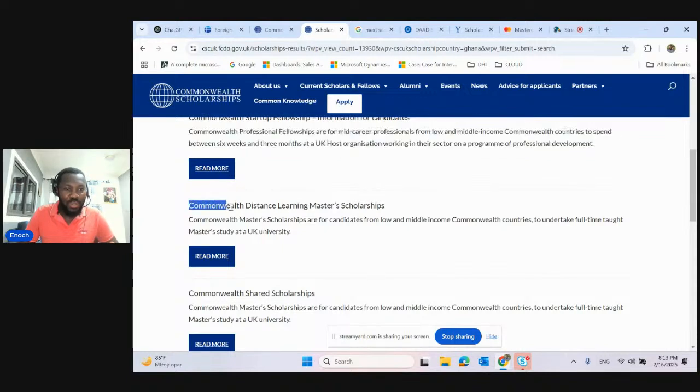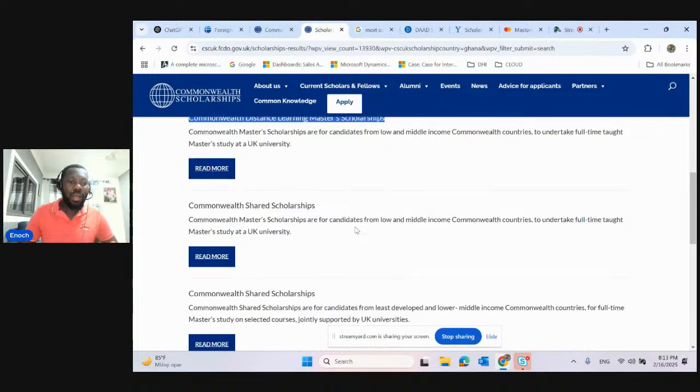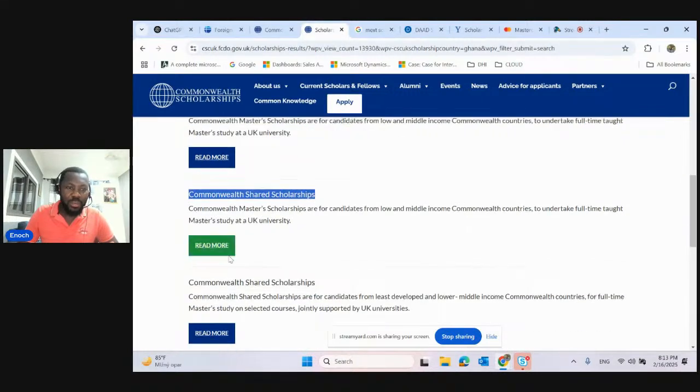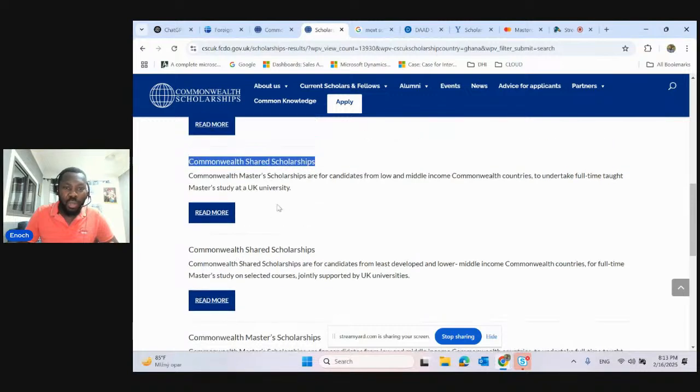So Ghanaians also do qualify for the Commonwealth Distance Learning Master Scholarship. They also qualify for the Commonwealth Shared Scholarship. Again, the Commonwealth Shared Scholarship, they have two of them.